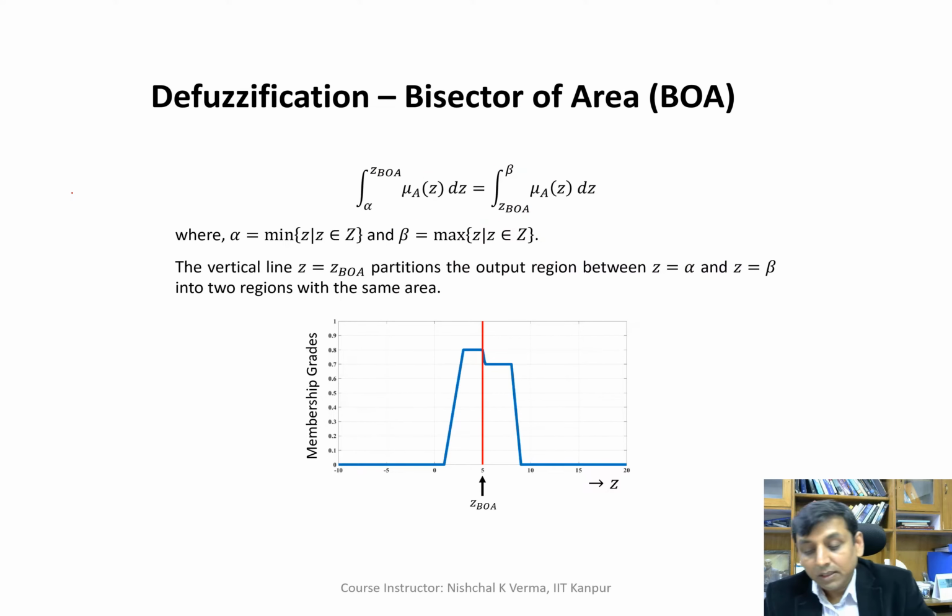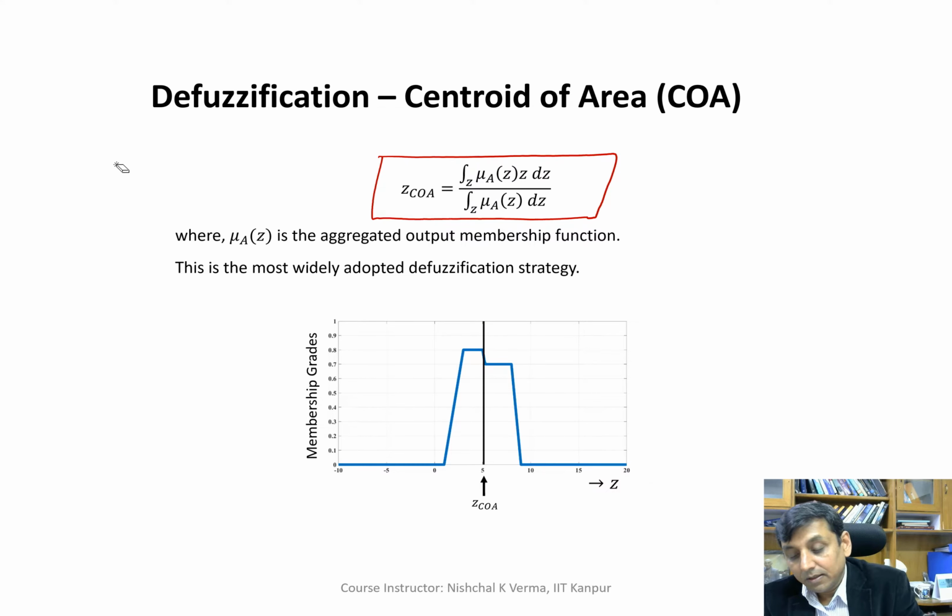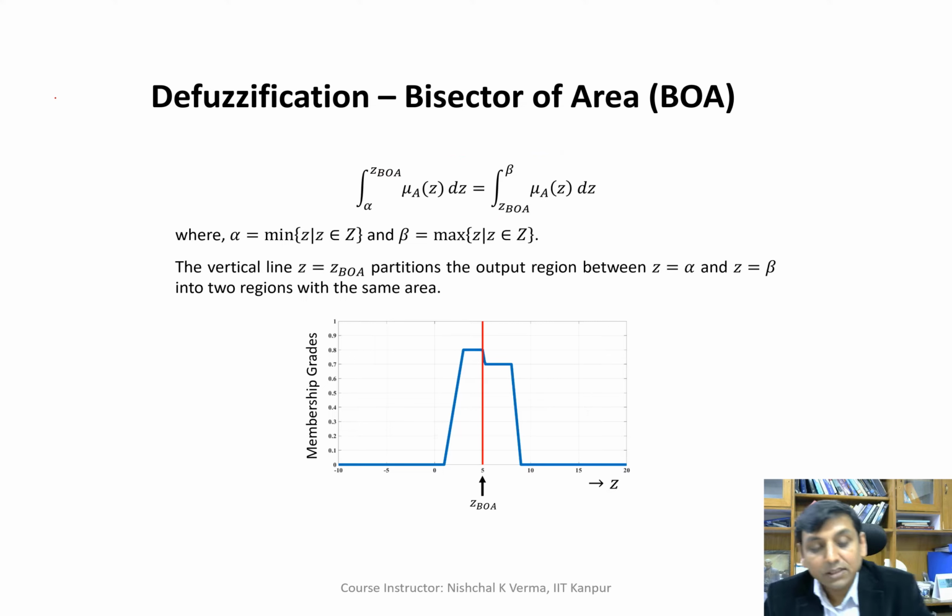Now, the second one is the bisector of area. So, the bisector of area expression is here.